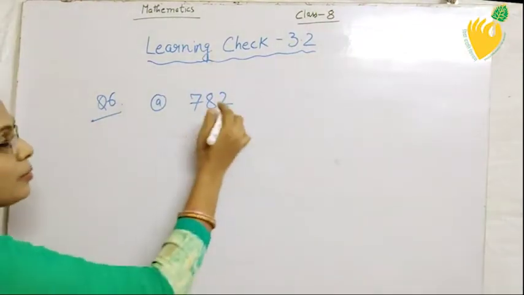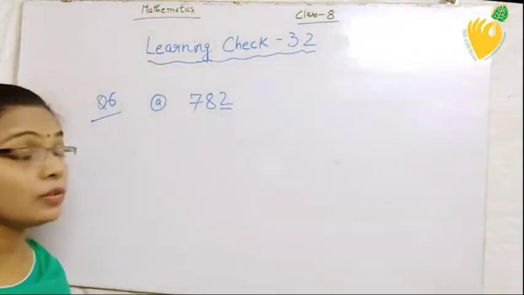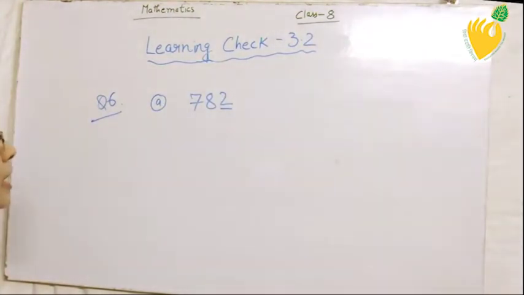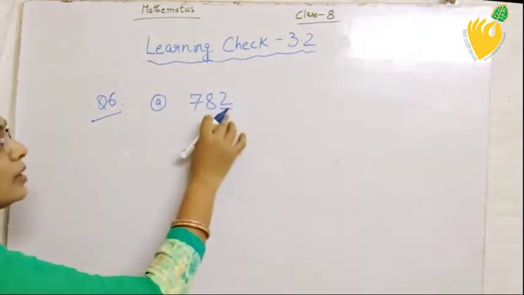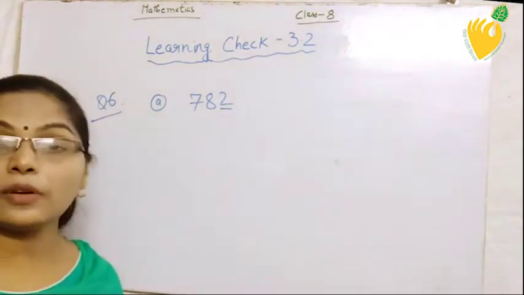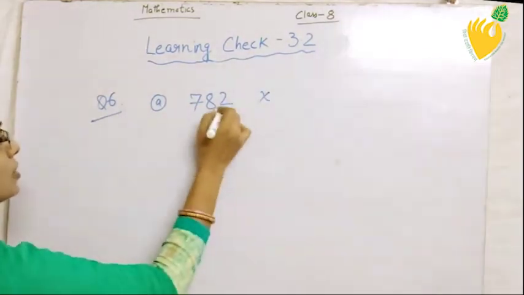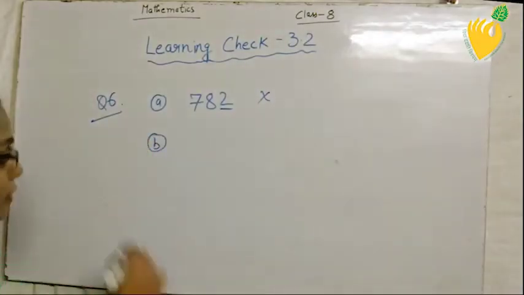Students, this is not a perfect square because the digit at the unit place is 2. As I have already told you in the first property, any number with the digit at the unit place 2, 3, 7 or 8 can never be a perfect square. So this is the reason for this, students.